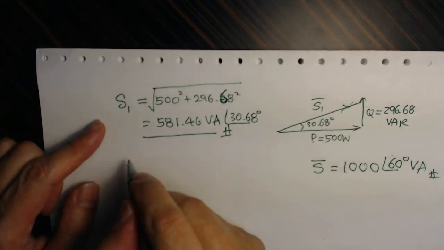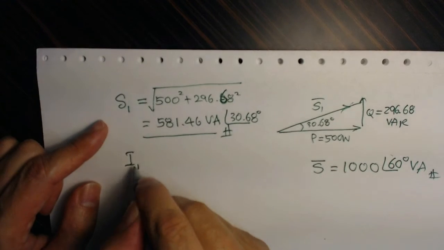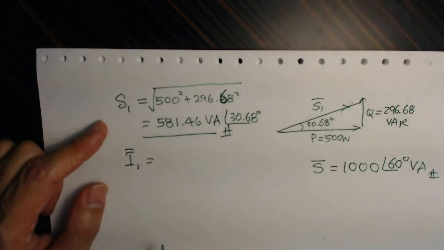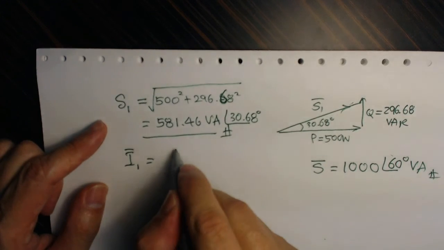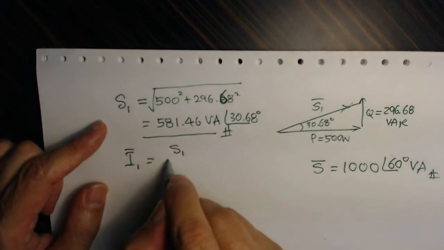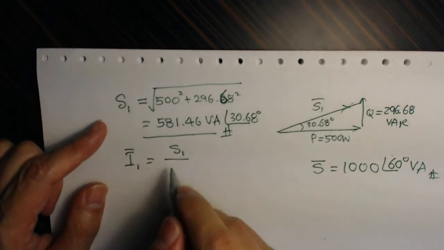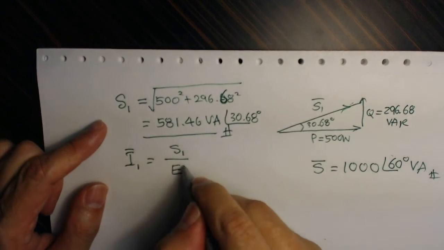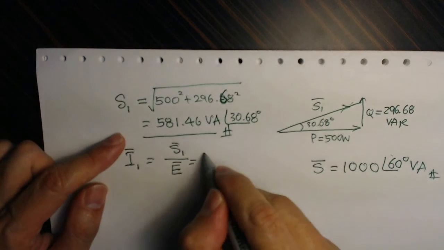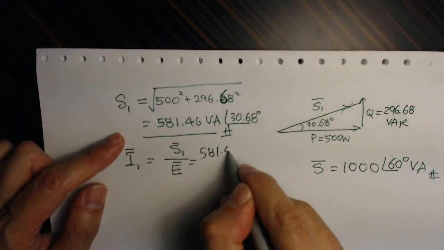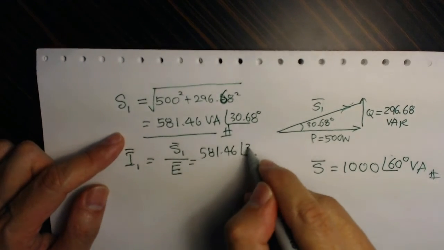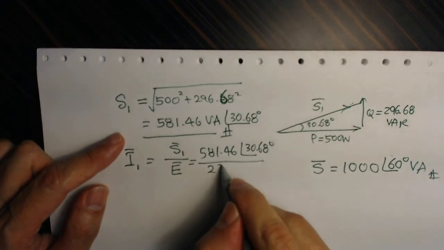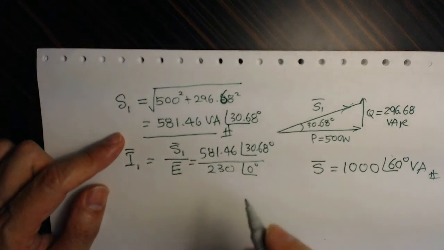So with this, I can now calculate the new current I1, and I1 equals the new apparent power divided by the applied voltage, right? So that is 581.46 angle of 30.68 degrees divided by 230 angle of 0 degrees.